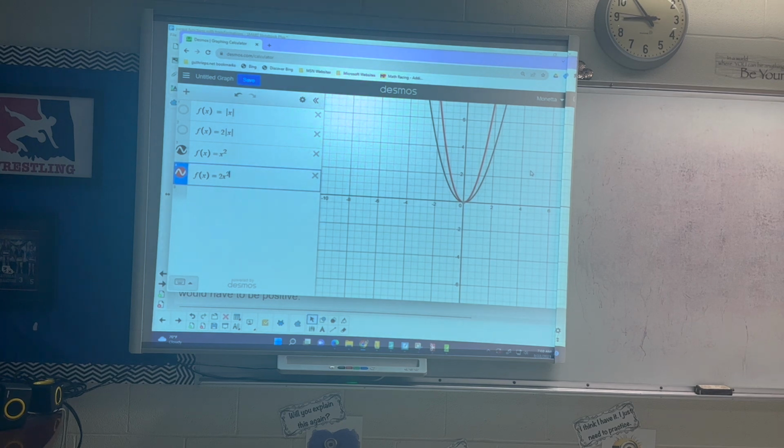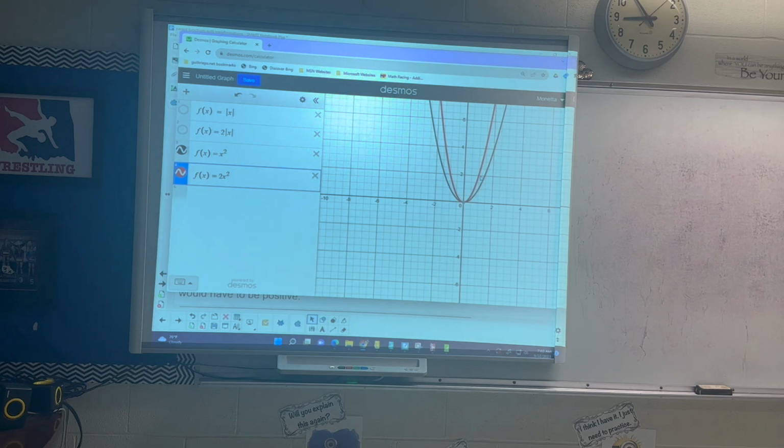We're talking about a vertical expansion. Vertical means my output values. My output values of my red graph, which is my transformed graph, are larger than the output values of my parent graph.